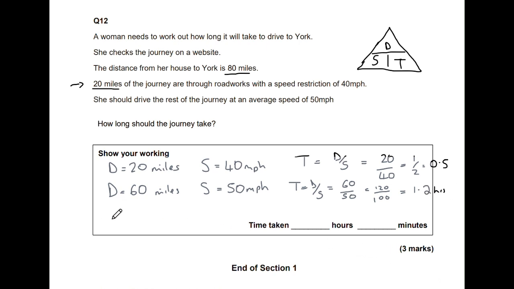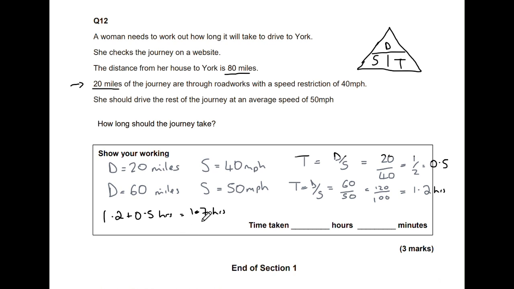Okay, so we've got 1.2 plus 0.5 hours, which is 1.7 hours. So we've got an hour and a bit of an hour, but we need to find out what 0.7 of an hour is.